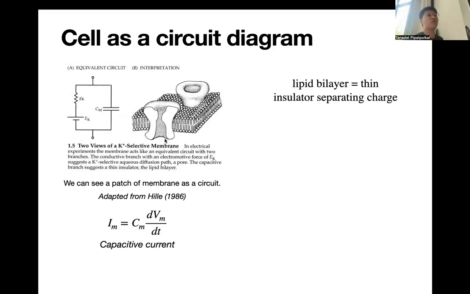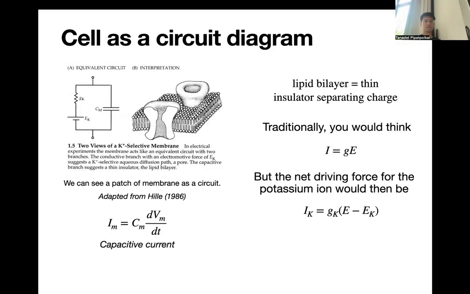So this little protein gate allows ions to go through at different rates, and this thing we denote as GK. And you would normally think that the ionic gradient and this conductance is just a reciprocal of a resistance, so ohm to the power of -1. This ionic current is equal to GE.